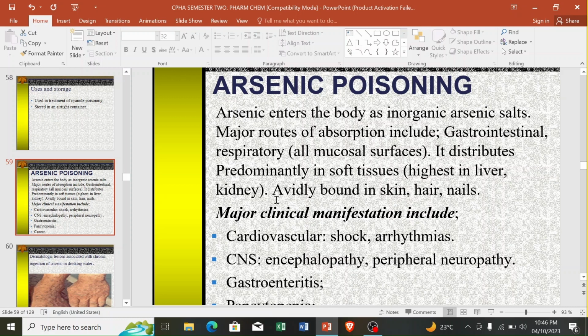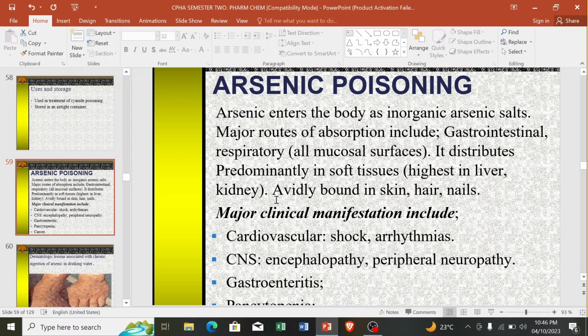So this is showing us that this specific arsenic compound gets absorbed in the GIT, respiratory tract and other mucous surfaces, and they have not given us much about how it gets metabolized. However, it is distributed predominantly in soft tissues, for example the liver or the kidney, and then avidly bound in the skin, hair, and nails.